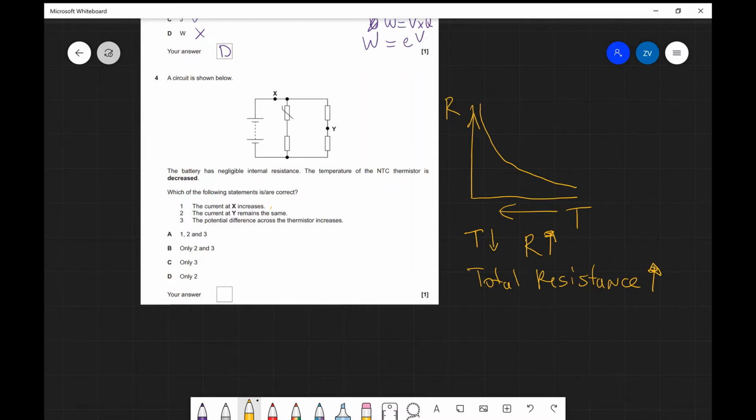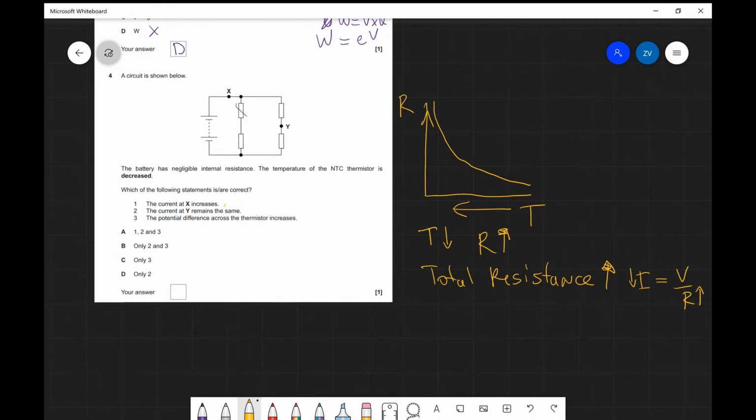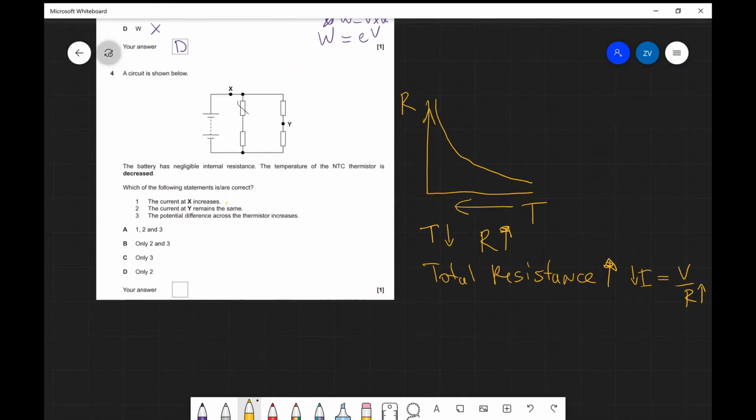Now, because of that, remember I is equal to V over R. If the resistance increases, that means that the current will have to decrease. Okay, so we know that the first one is not correct.